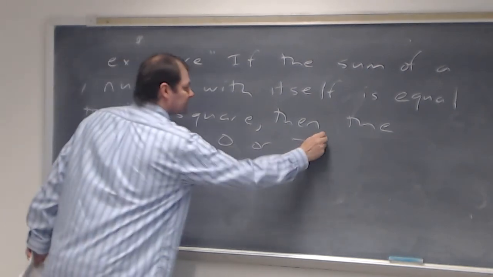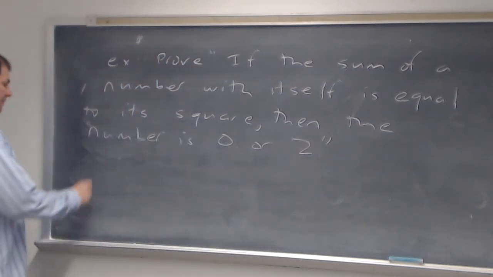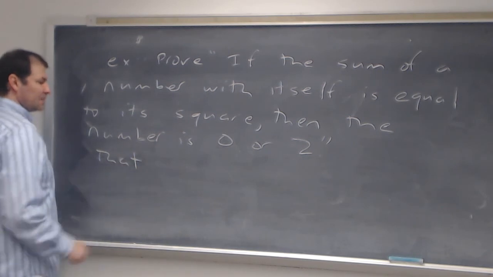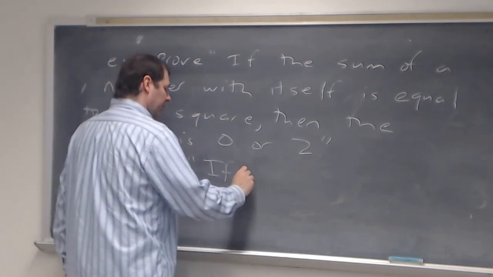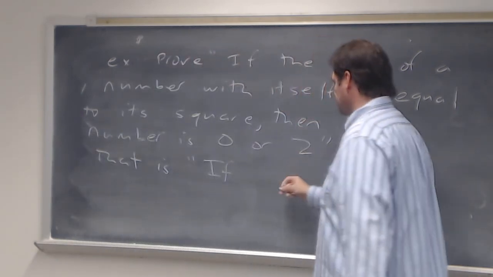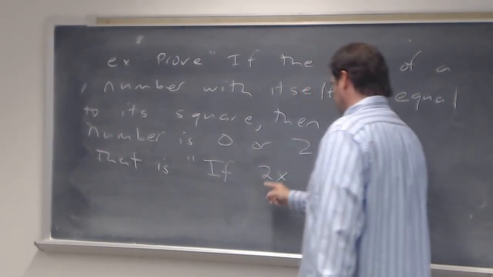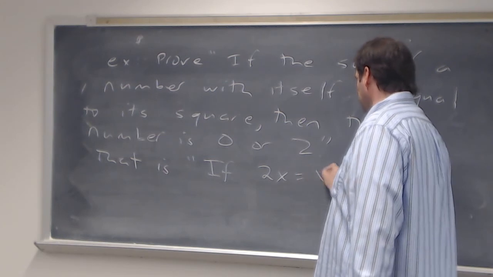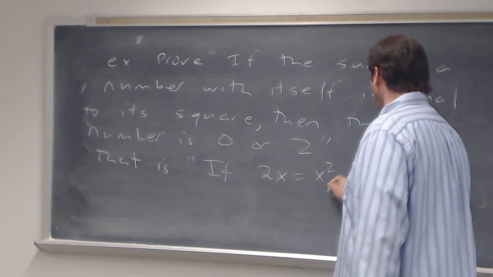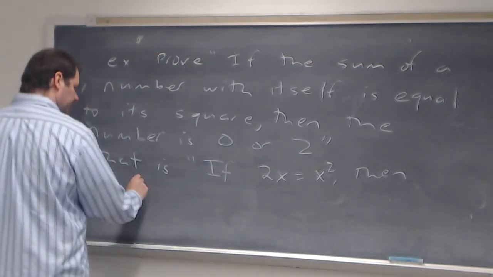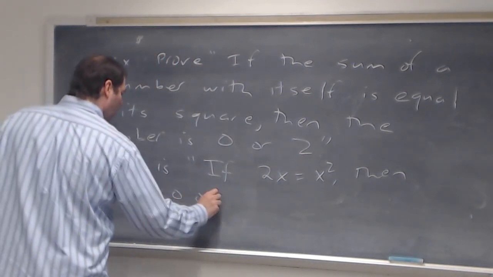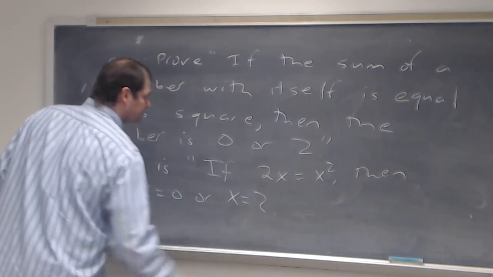So that's what we're being asked to prove in this example. And symbolically, here's what we're trying to prove. Well, a number added with itself, that number could be represented by x, and added to itself is 2x, equals x squared. Then, what we want to show is that x equals 0 or x equals 2.